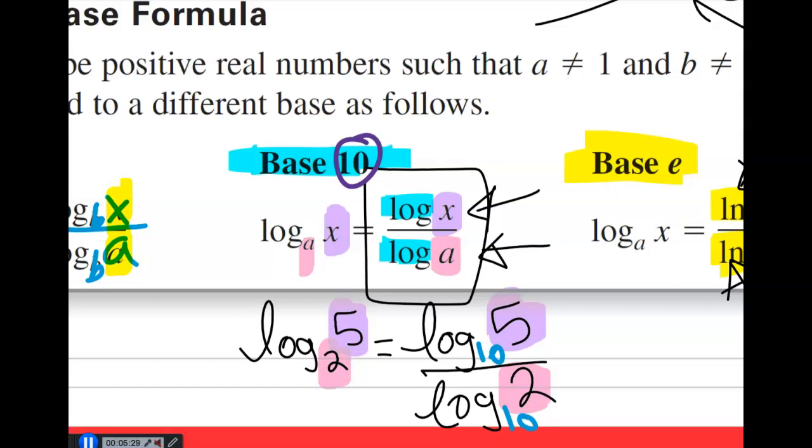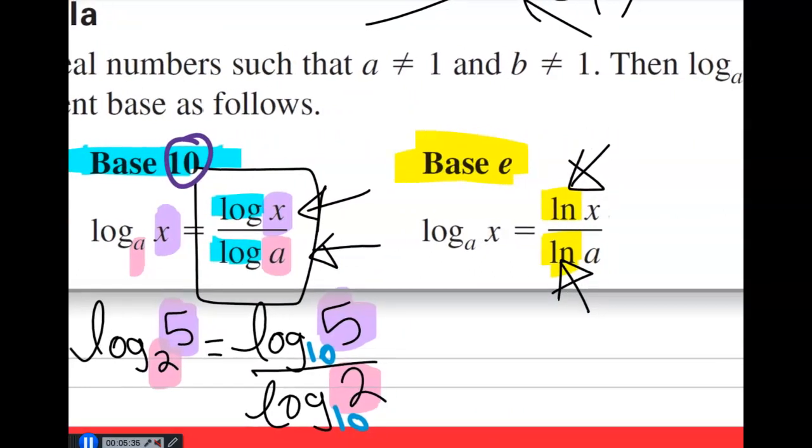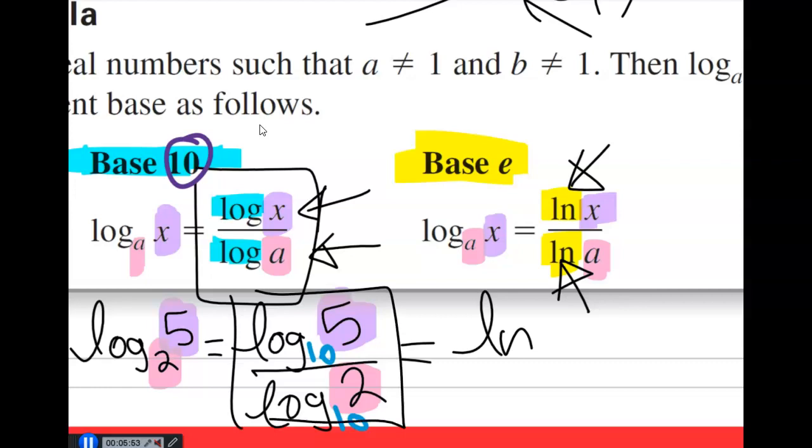Now, if we were to use ln instead, it will be the same idea. You take the ln of x, as you can see here, and divide it by the ln of a.